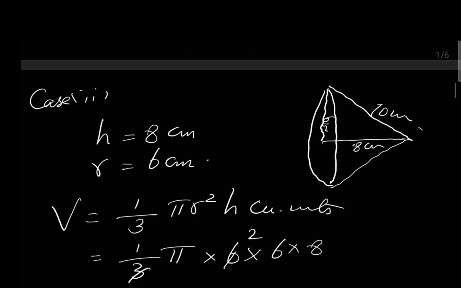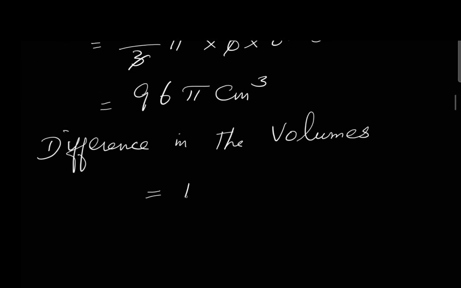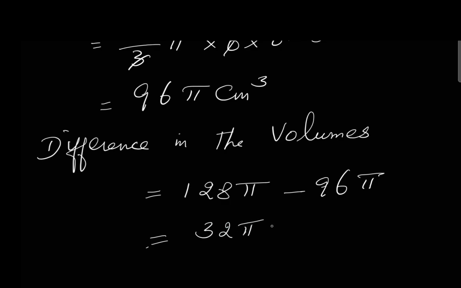The greater one is 128 pi minus 96 pi. If you subtract, you are getting 32 pi centimeter cube. This is the answer.